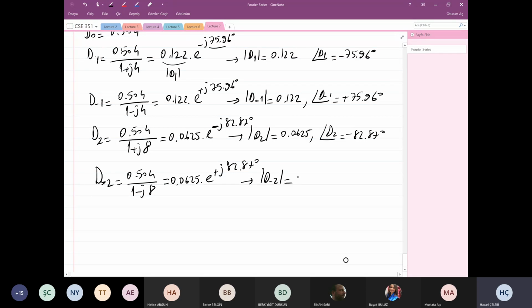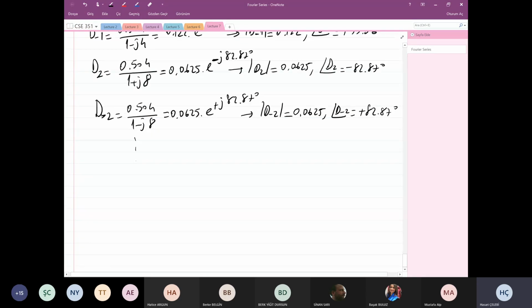So the magnitude is the same, but the phase is of opposite sign, which is this, and so on. You can do it for n to infinity.